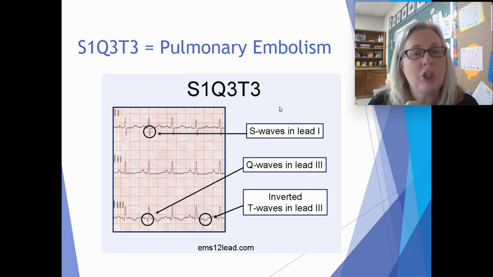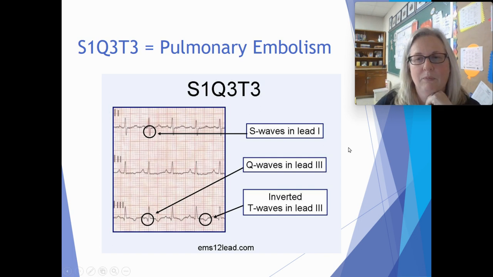Q3 refers to the Q wave in lead three also being large and deep. And then the T wave in lead three, so there's two things happening in lead three: you'll see inverted T waves in lead three. This explains it really well here. S waves in lead one are going to be deep, Q waves in lead three will be deep, and inverted T waves in lead three will also happen.